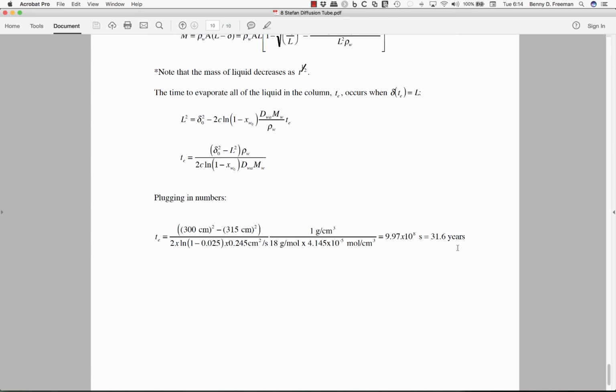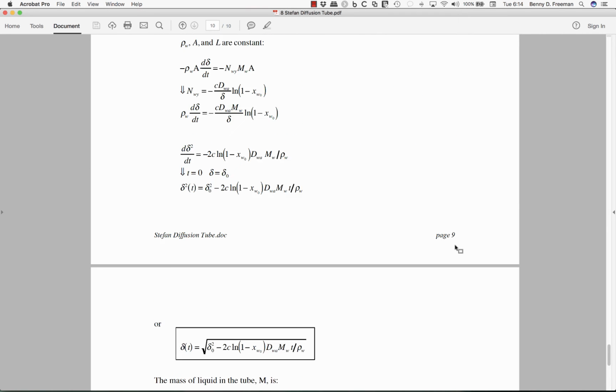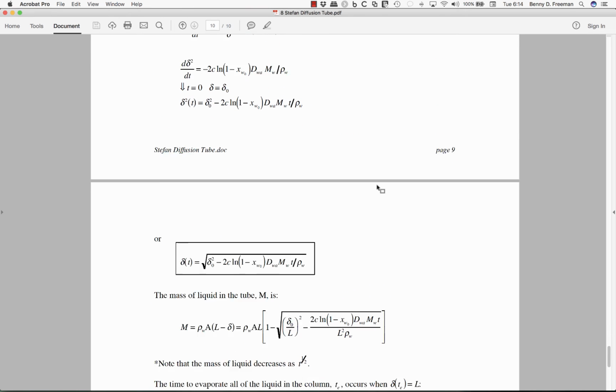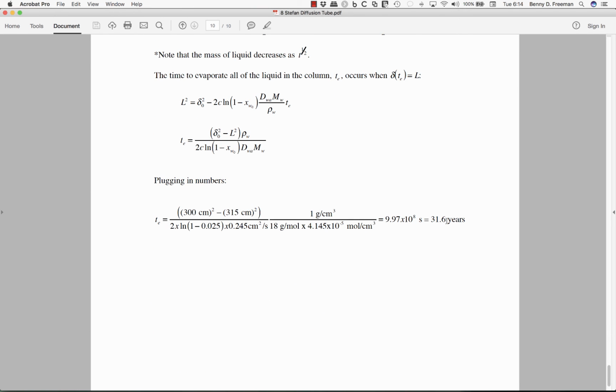We get a somewhat longer value here, and that's just accounting for the fact that as the evaporation goes on, the gas phase distance here increases a bit, and that slows down the mass flux with time, and so you get just a slightly longer diffusion time.